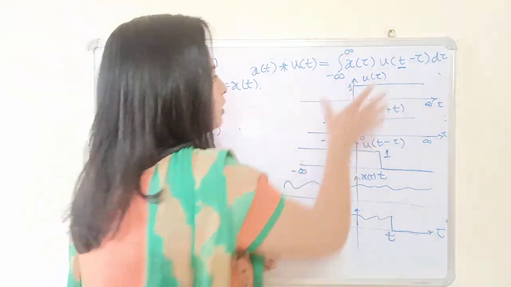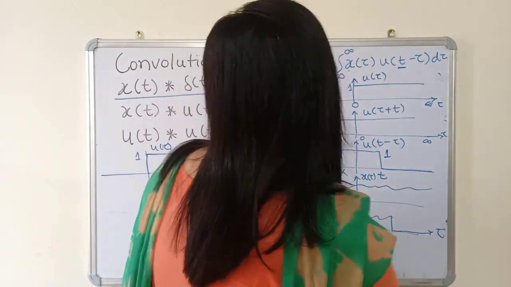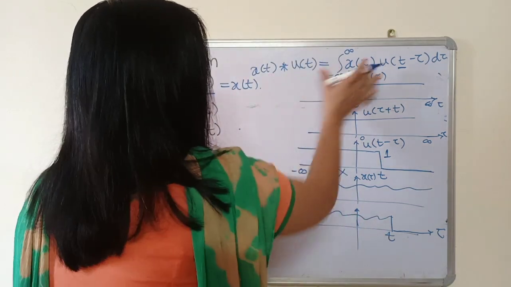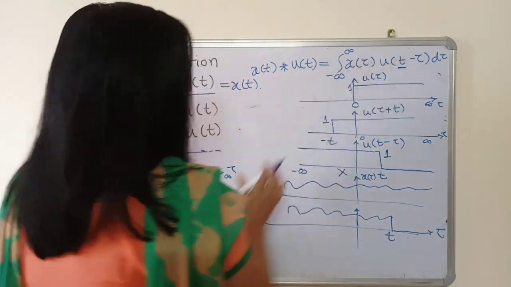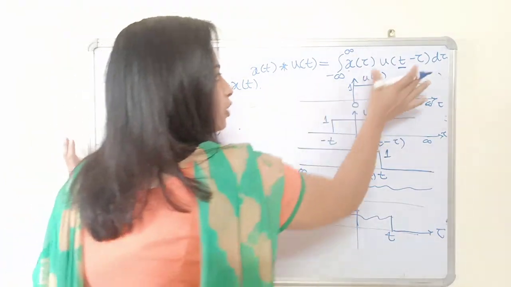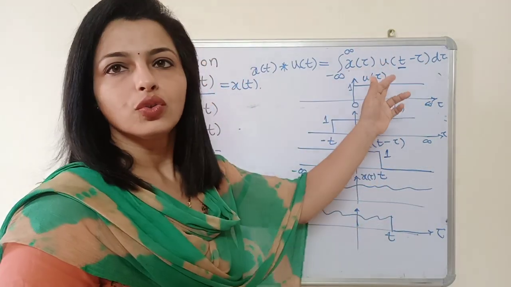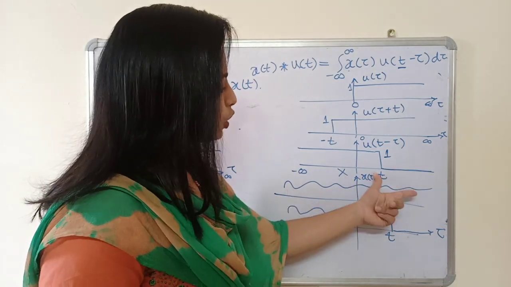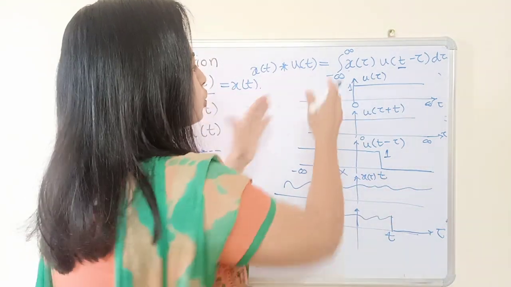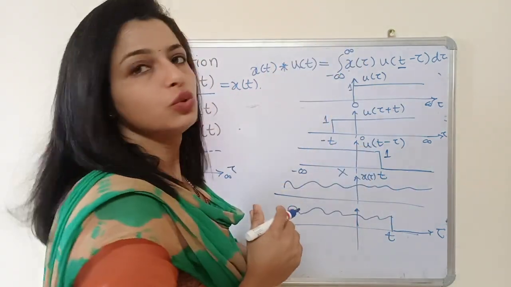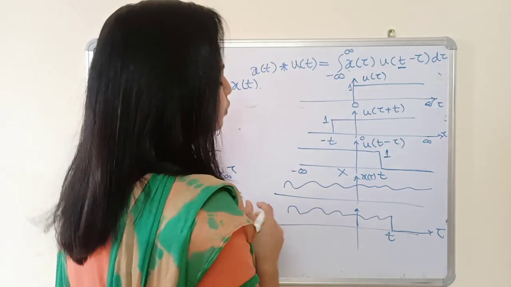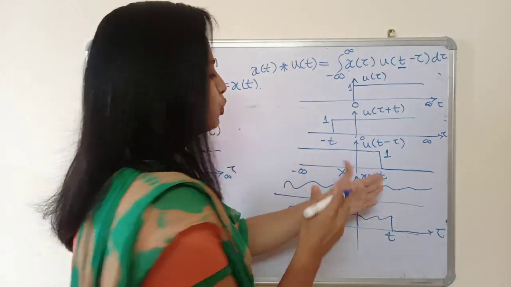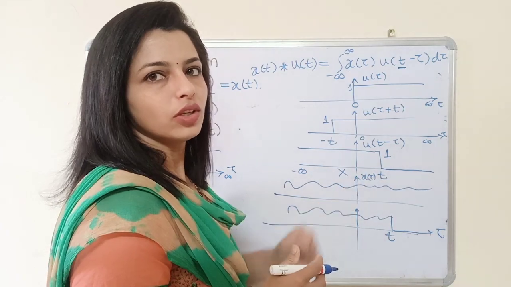So when we look at this formula, let us write it here. Okay. So these limits are going to change because of u of t minus tau. It is starting from minus infinity to t. So these limits, minus infinity to infinity, will be changing to minus infinity up to this point t only.